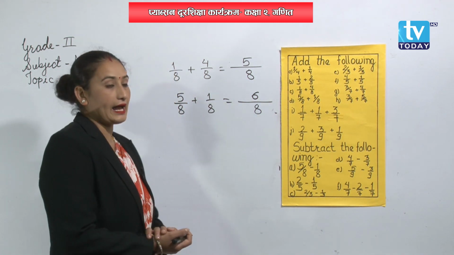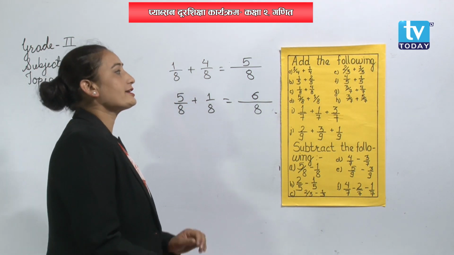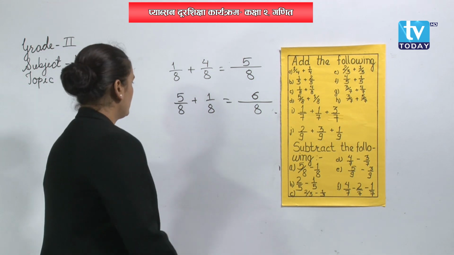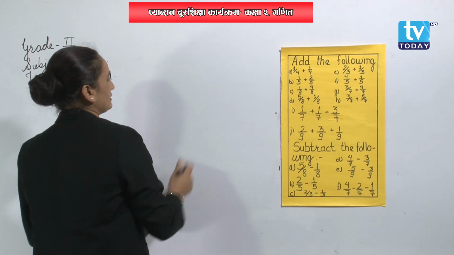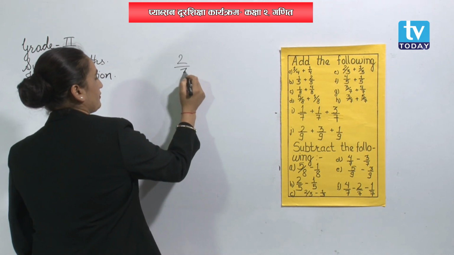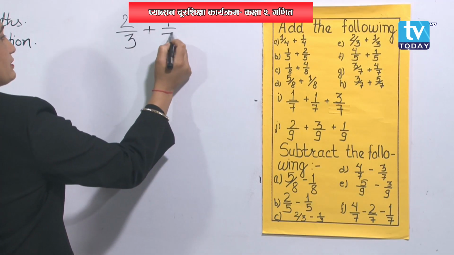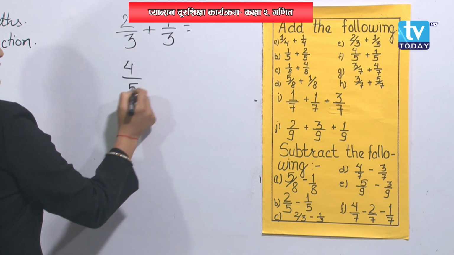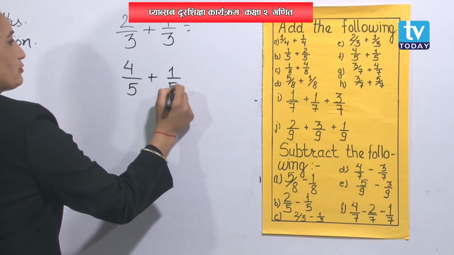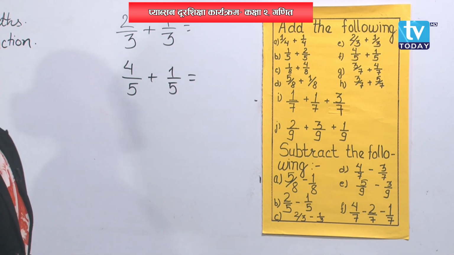Now, like that, we have the next question: 2 by 3 added with 1 by 3. What will be the answer? 4 by 5 added with 1 by 5, then what will be the answer?